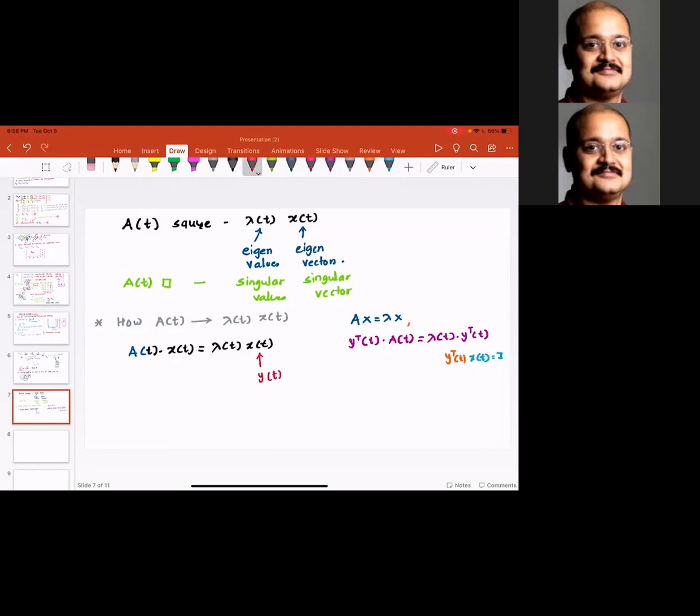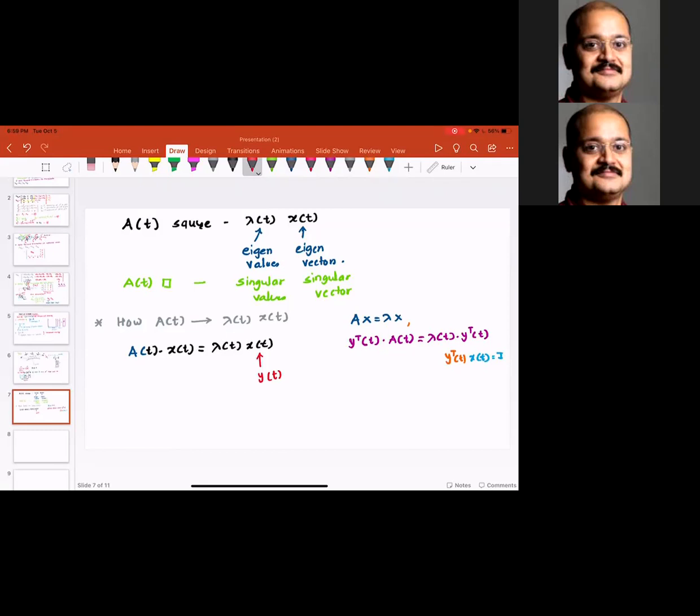The relationship between the complementary eigenvector y of t and x of t is that y of t transpose multiplied by x of t is going to give you the identity matrix. That is a very important relationship that I want you to remember, because that equation will be very useful when we work out some problems.